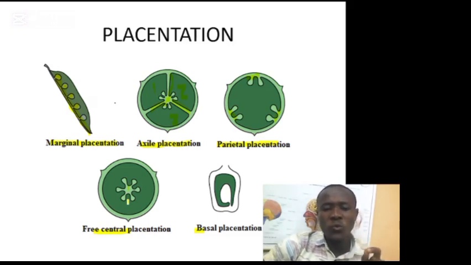In primrose, when you open it, you can see the central axis, and on that central axis, the ovules are attached to it. And we have the basal placentation, just like the name indicates, basal. So in this case, the ovule, this white structure you are seeing here, is attached at the base of the ovary. Example we have here is in sunflower.